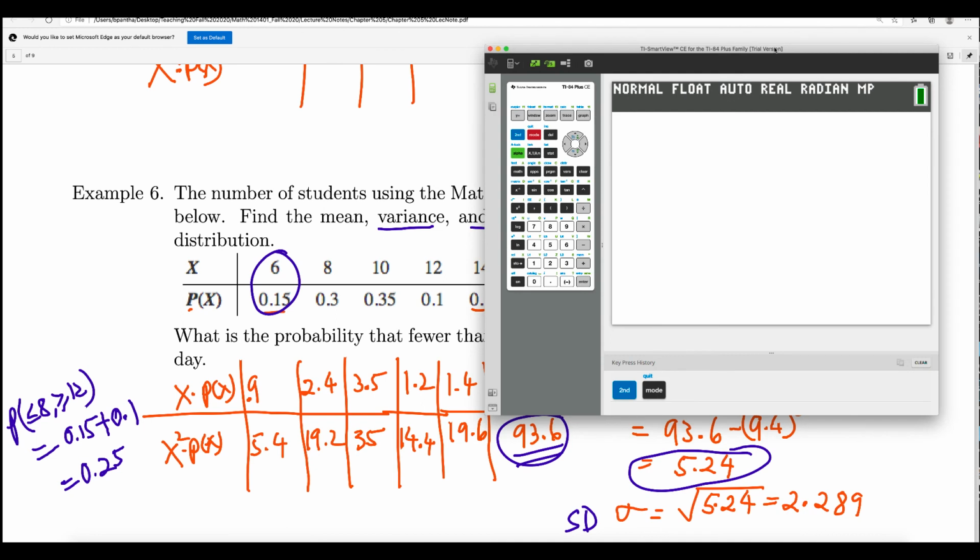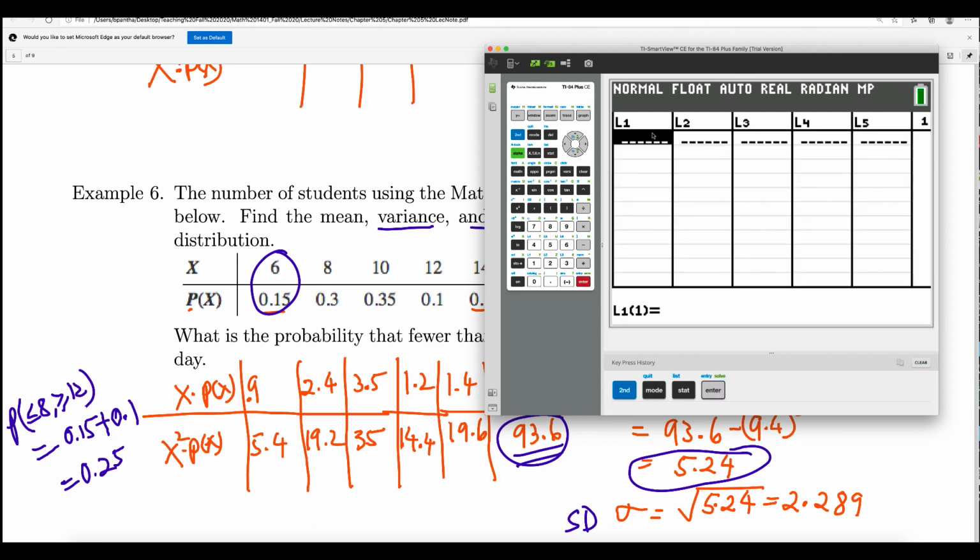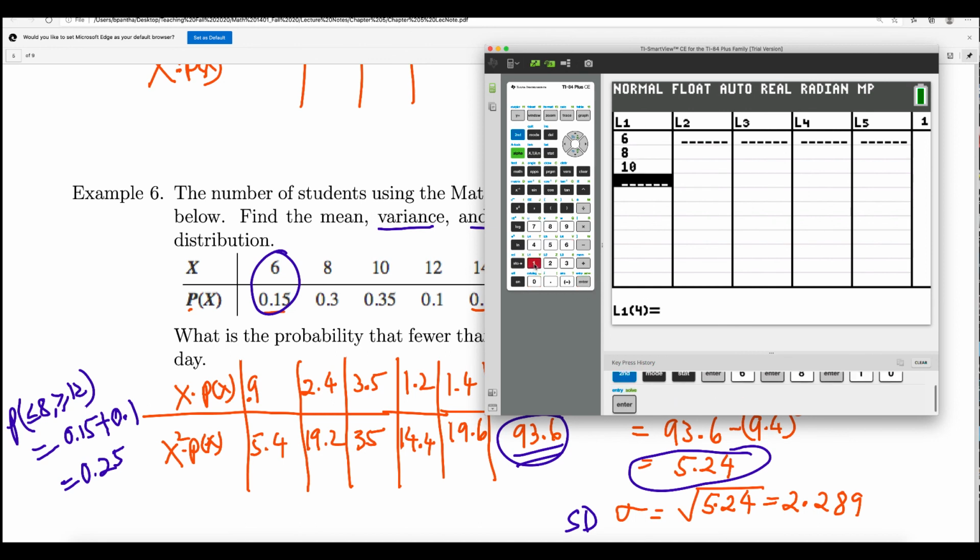If you remember from chapter 2, to find the mean and standard deviation, you go to STAT and there is Edit. Hit enter. In L1 you enter the x values: 6, 8, 10, 12, and then 14.